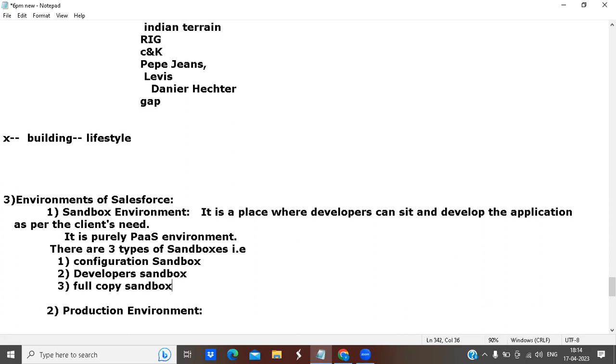So total how many here? 3. What is the first one? Configuration sandbox, developer sandbox, and full copy sandbox.